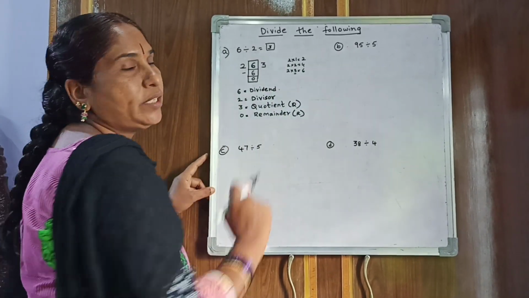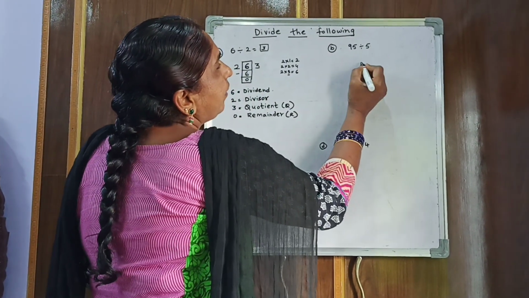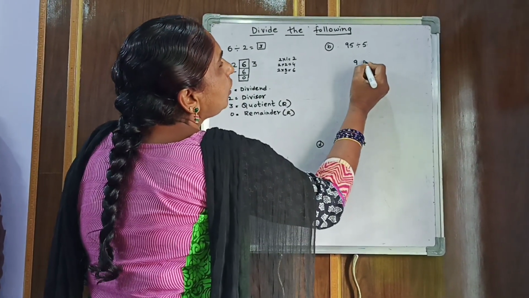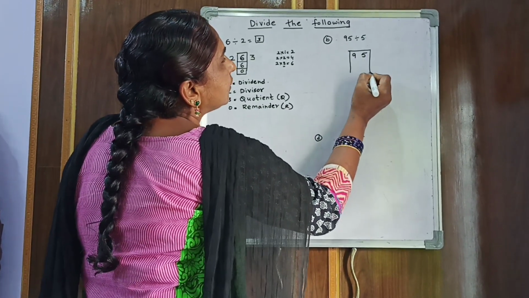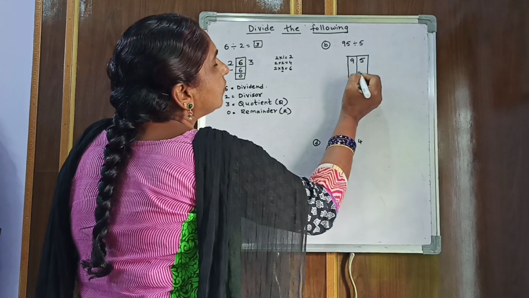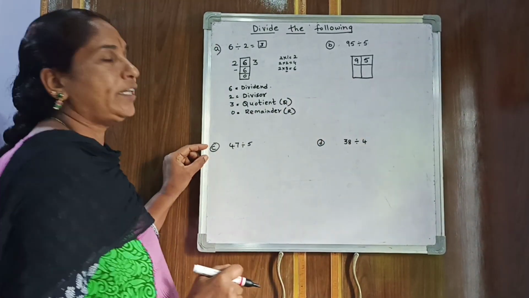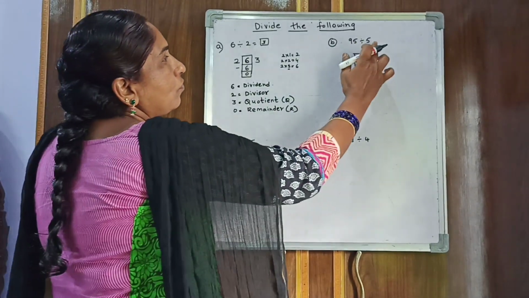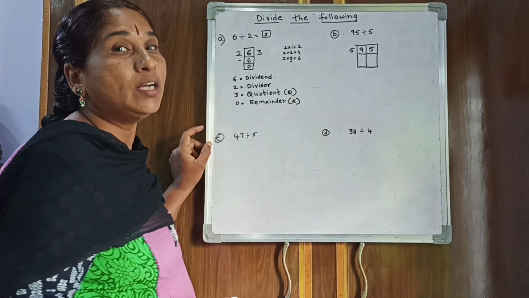But coming to double digit, when you have 2 digits, see here, 95. Write 9 in one box, 5 in one box, then draw the lines. So 95 is the dividend and 5 is the divisor. Now which table do you have to read?